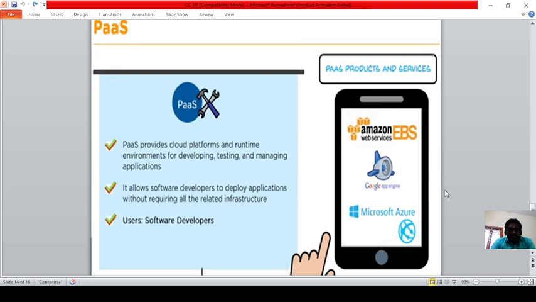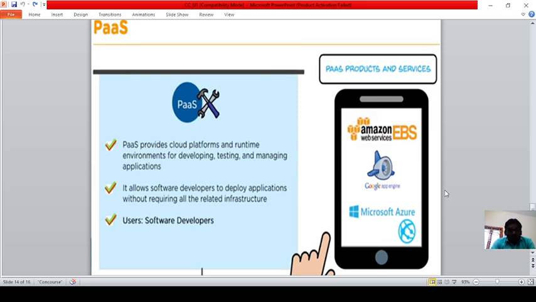It allows software developers to deploy applications without worrying about all the related infrastructure. So we don't maintain any related infrastructure; we can directly use the runtime environments. That's all. The users are software developers. Examples are AWS, Microsoft Azure, and Google App Engine. These are some of the cloud platform providers.